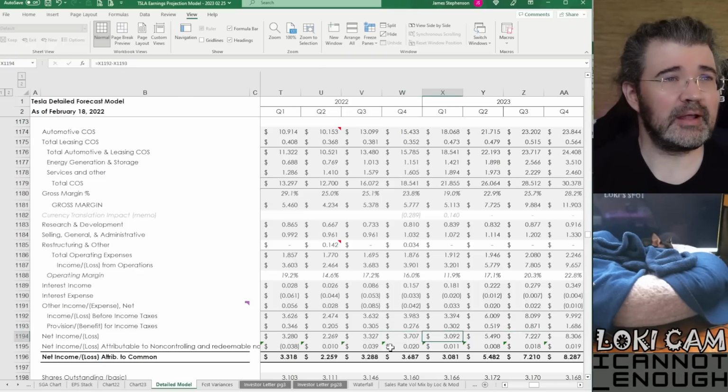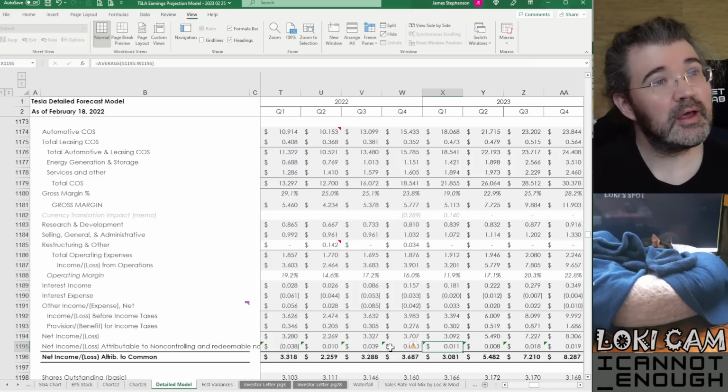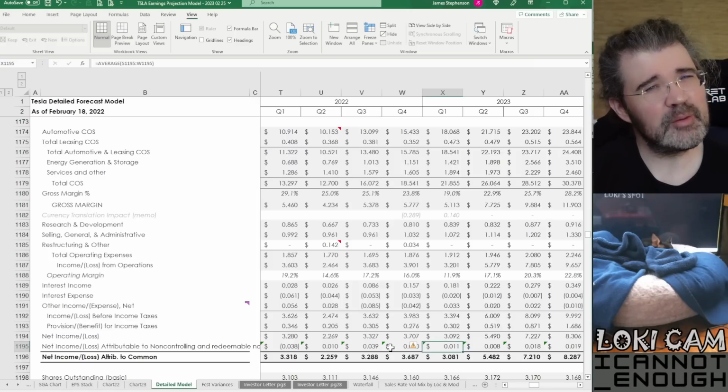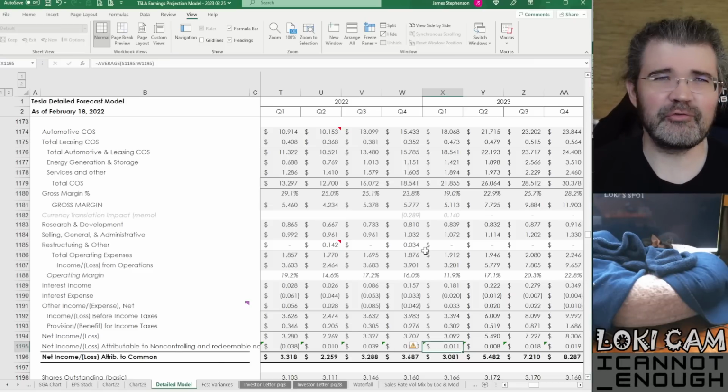Then we've got net income after tax, $3.1 billion. That's pretty good. You look back at the trailing 4 quarters, and that's a solid quarter with a little bit of net income loss attributable to non-controlling and redeemable non-controlling interests, I think is what that says.